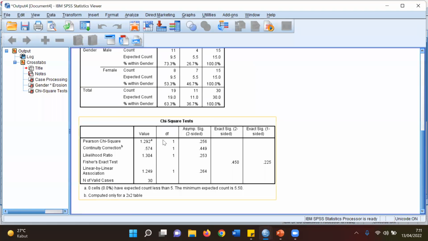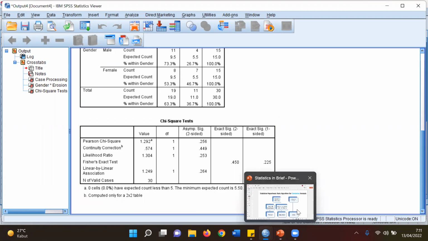Okay, you can see here at the chi-square test, there are Pearson, continuity, and Fisher-Isaac. And look at the sentence below the box or table showing that 0 cells have expected count less than 5.